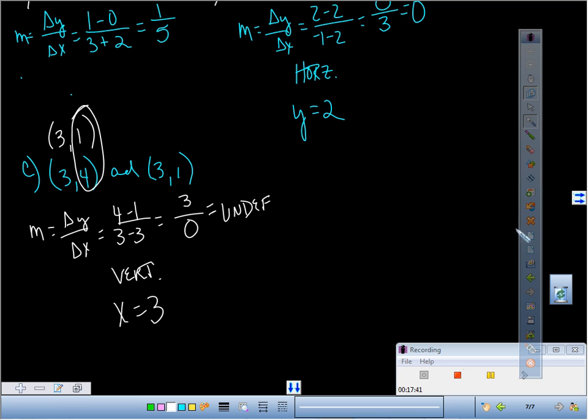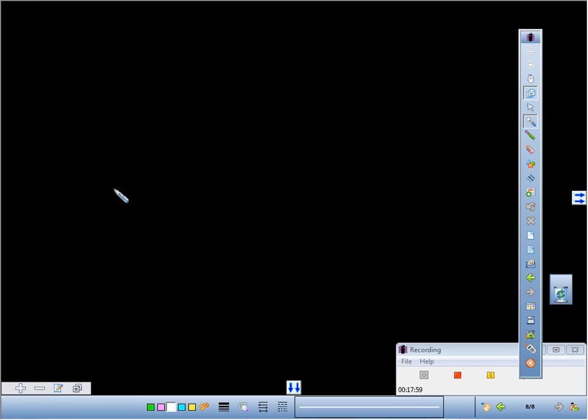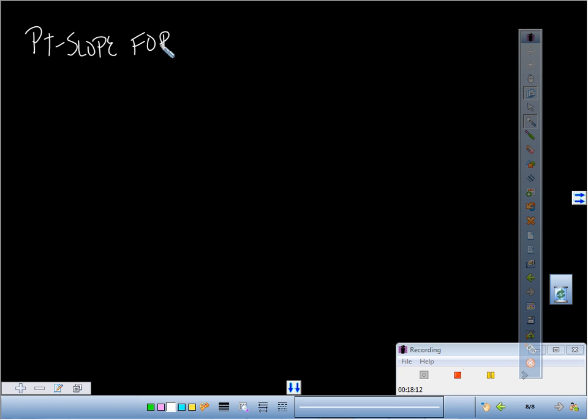So let's do one like this. Anybody know what the point slope formula is? That's y minus y1 equals m times x minus x1. Very good, Chris. Y minus y sub 1 equals m times x minus x sub 1.